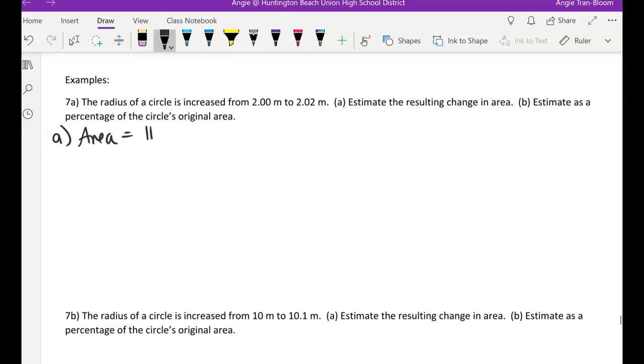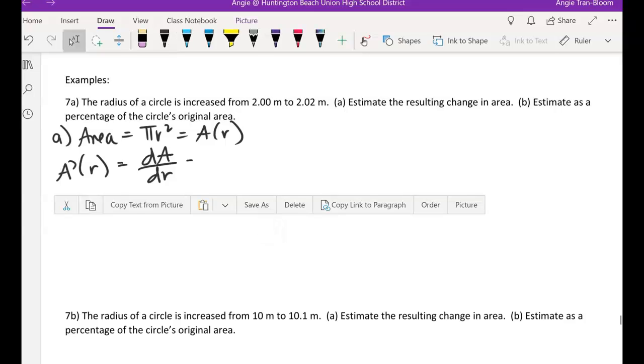So first, we might want to find the area. Area equals pi r squared, and I'm going to rewrite this as A of r because I want to find the derivative with respect to r, which, as you know, is really dA over dr. Okay, dr is the change in radius, dA is the change in area. If you know those meanings, then it's easy for us to find the change in area, which is dA.